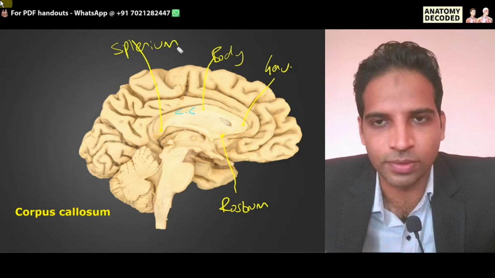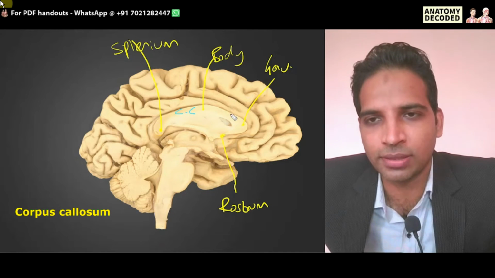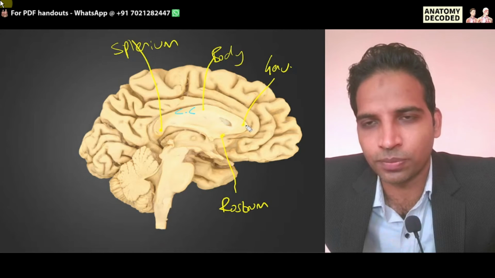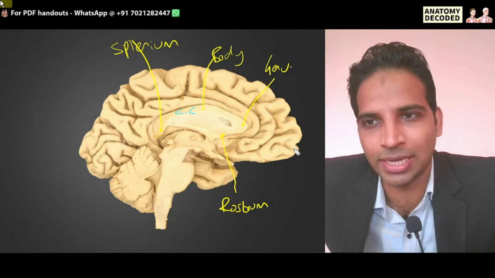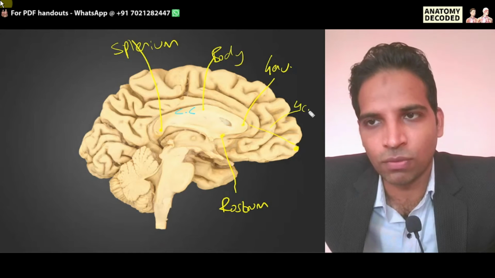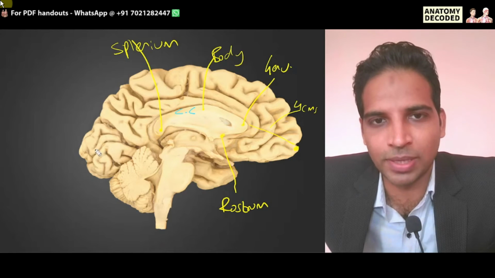Different parts are important because you have to identify which part of the cerebral hemisphere is anterior and posterior. For that we look for the distance from the genu to the frontal pole. This distance is around 4 centimeters, and from the splenium to the occipital pole, this distance is around 6 centimeters.